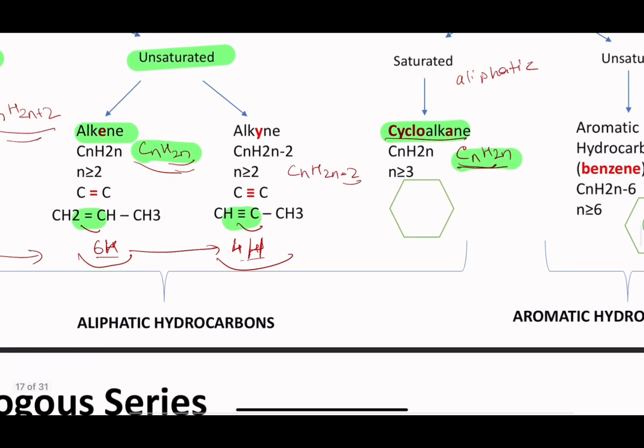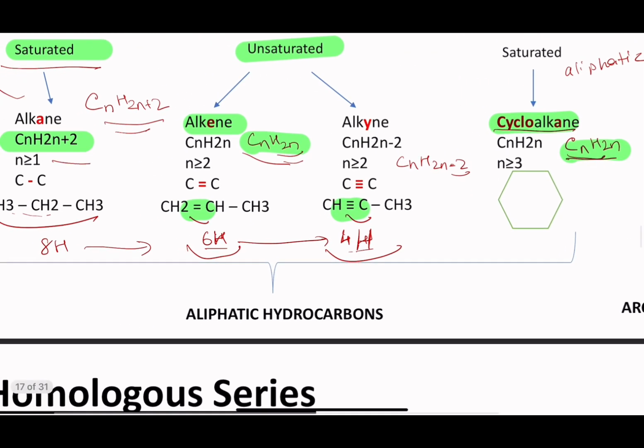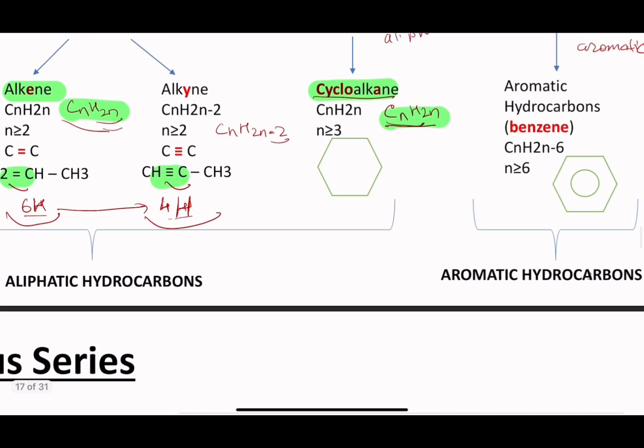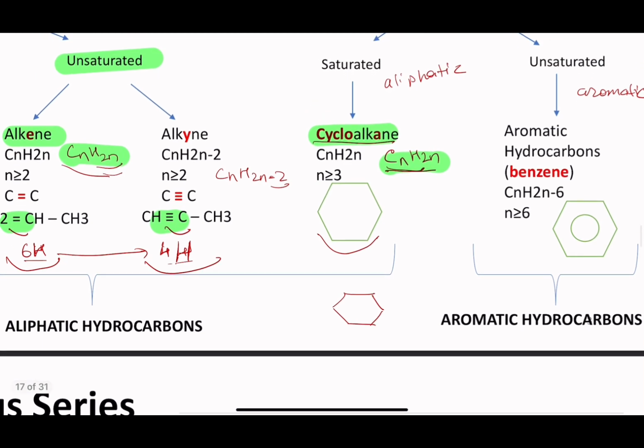But the reason cycloalkane has 2 hydrogens less than alkane is because it has a ring shape. When you have a ring, you lose 2 of the hydrogens. For example, I'm going to show you. I have CH2, CH2, CH2, CH2 here, 6 of them.